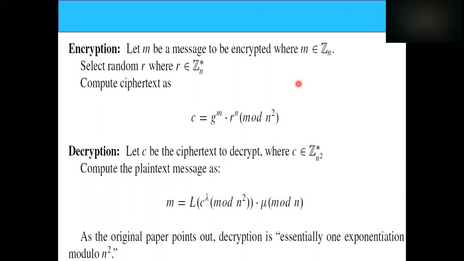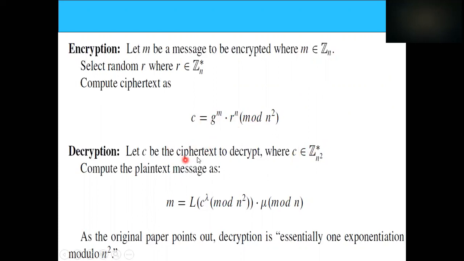The domain of plain text is smaller than the domain of cipher space, because cipher space is Zn square and the plain text space is Zn. So we can compute the ciphertext as c is equal to g to the power m times r to the power n mod n square.